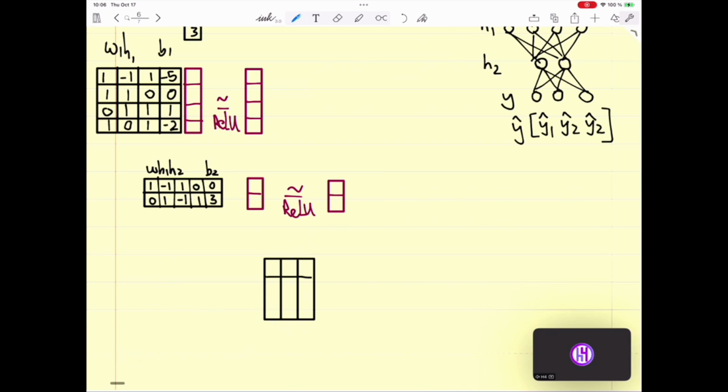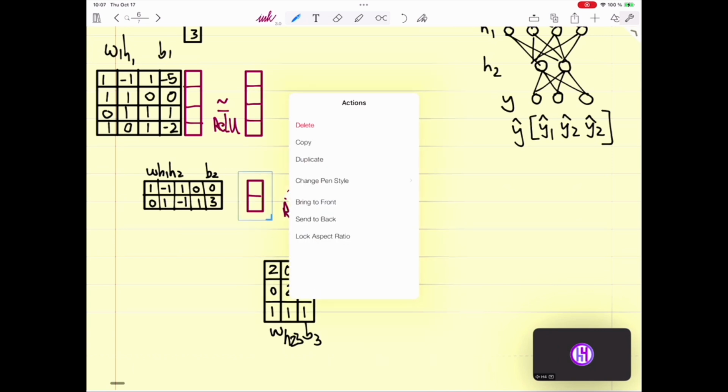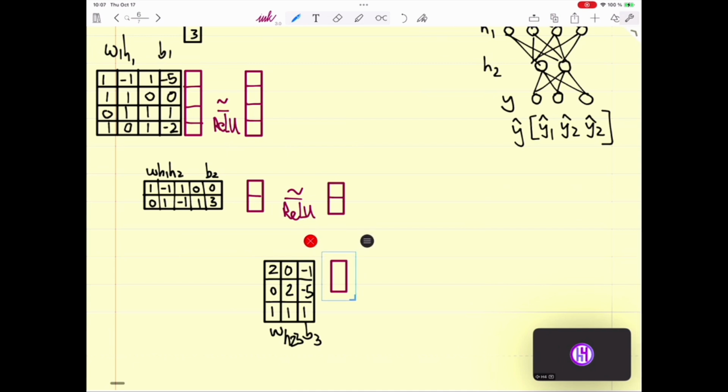And like this. 2, 0, minus 1, 0, 2, minus 5, 1, 1, 1. This is going to be the weights between H2 and 3, and this is going to be B3. And then there's going to be an output there, which is going to be like this.